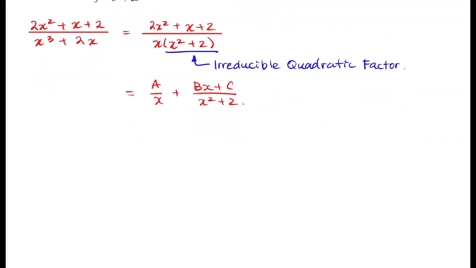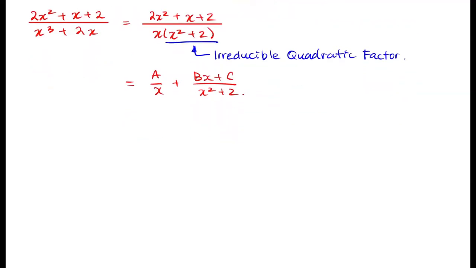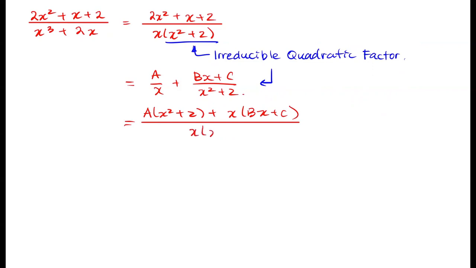So same steps here. We would then just have to compare the coefficients. So I'm going to find a common denominator. We have a times x squared plus 2 plus x times bx plus c, and this is divided by x times x squared plus 2.